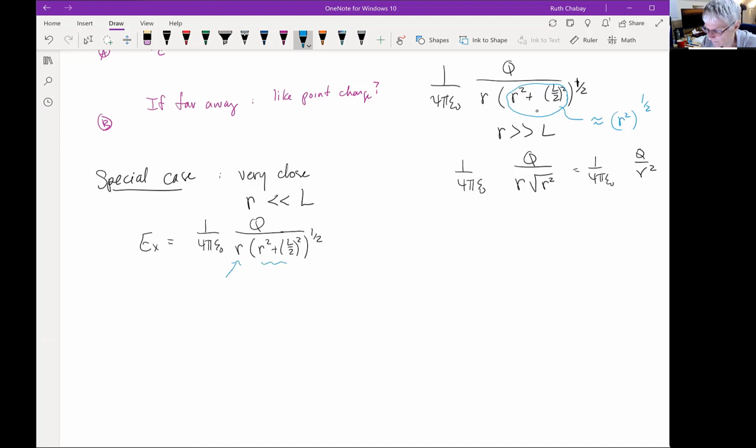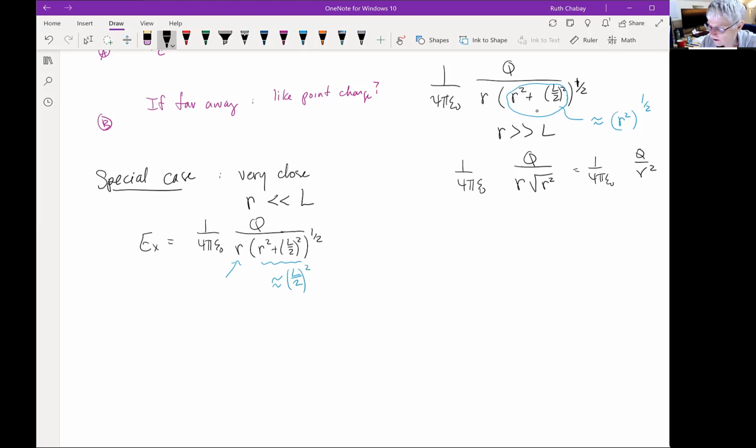But in this sum, R squared is going to be a lot smaller than L over 2 squared. So this whole quantity is just going to approximately be L over 2 squared.